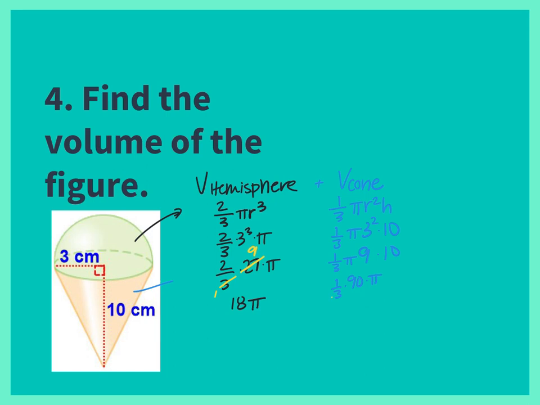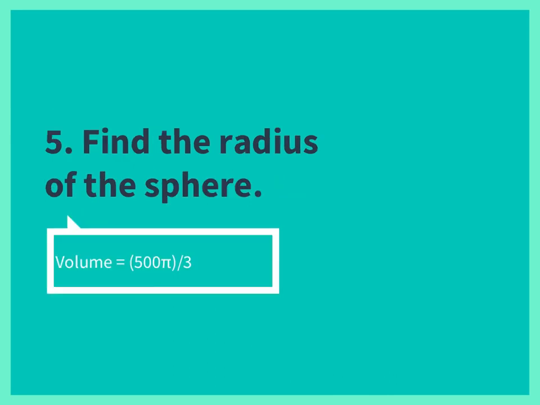I can simplify 3 and 90. They can both be divided by 3. So I have 30 pi left over. And now I need to add these together. 18 pi plus 30 pi is 48 pi.